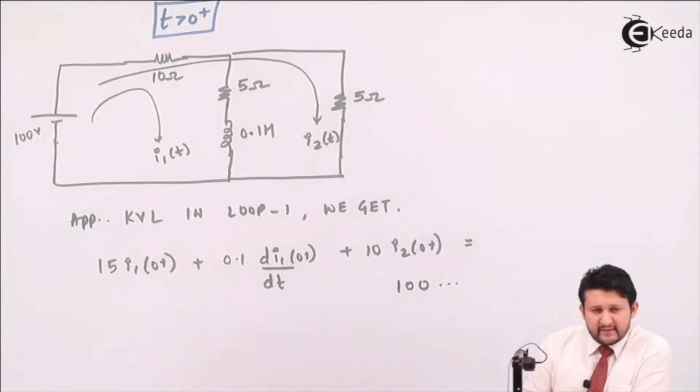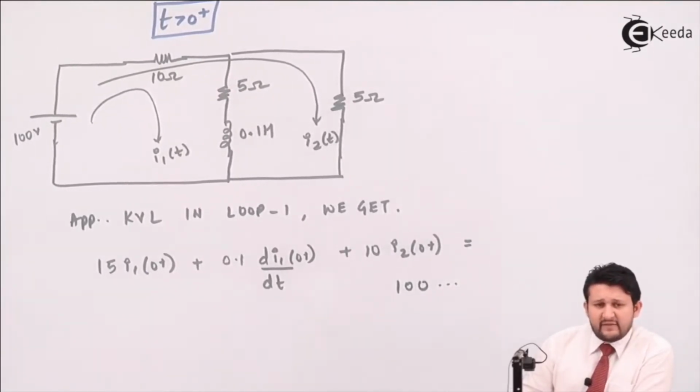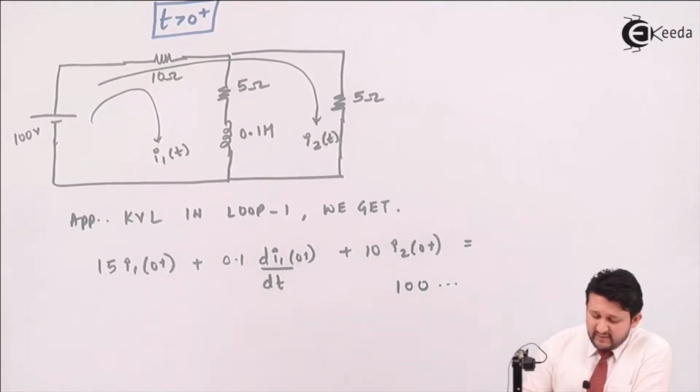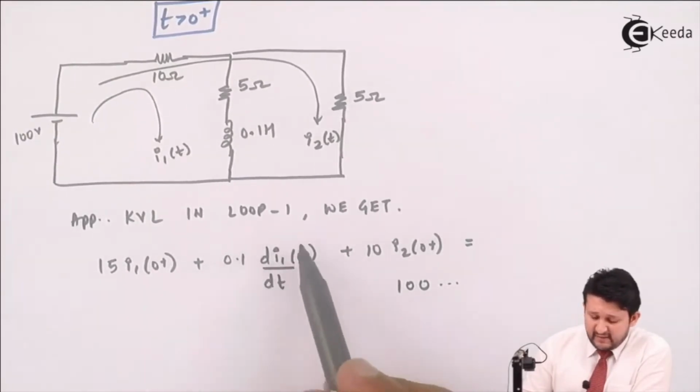I cannot get the equations of I1 and I2 simultaneously. Either I need to get the equation of I1 first or I2 first. It depends upon which differential part I am getting, either di1 by dt or di2 by dt. In this case, the equation I am getting is di1 by dt.